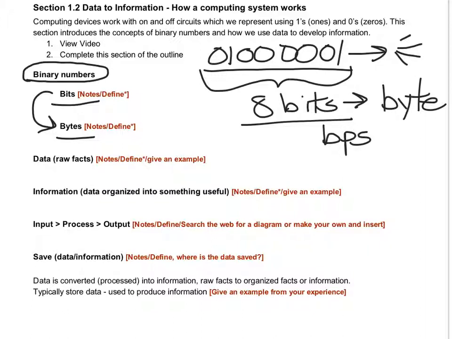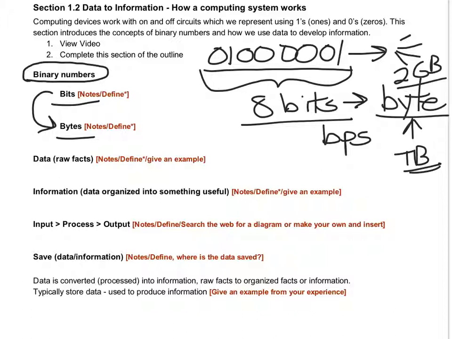And we typically measure how much memory or storage a computer has, how much of this you can accumulate, typically in bytes. Like you might have a terabyte hard drive, or a 2 gigabyte flash drive that you carry around.